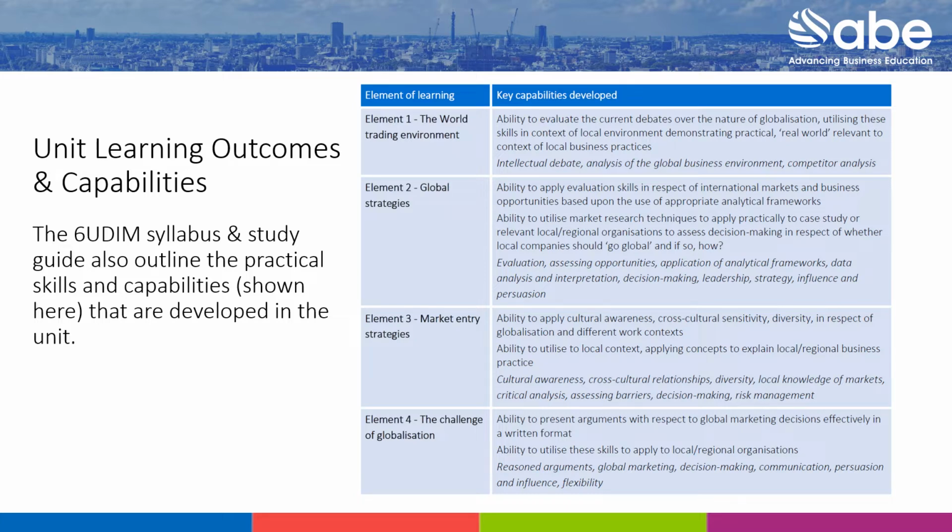Using appropriate analytical frameworks covered in the syllabus and study guide, each learner will be able to apply cultural awareness, cross-cultural sensitivity, diversity to present arguments with respect to global marketing decisions. This knowledge and understanding of the world trading environment, of global strategies, of market entry strategies, of the challenge of globalization provides the basis for all 6 UDIM assessment.